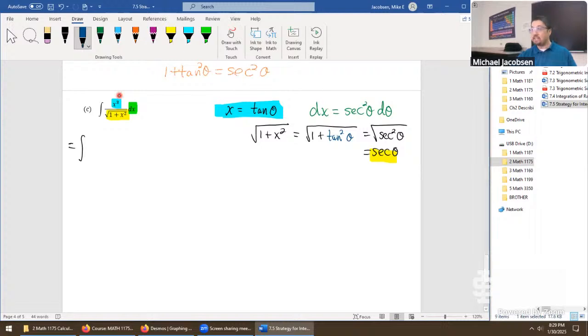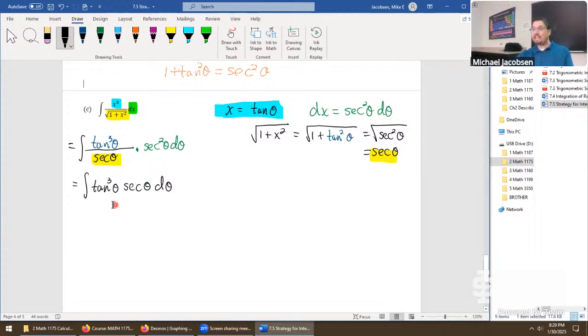Going top to bottom, left to right, it's tangent cubed theta, divided by secant theta for this part, multiplied by secant squared theta d theta. So now in this portion, we're just integrating tangent cubed theta, secant theta, d theta.